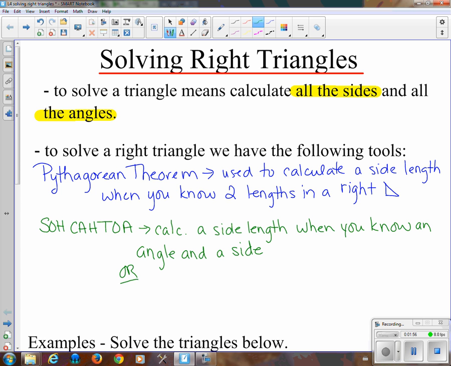Or you can calculate an angle when you know two sides of a right angle triangle.